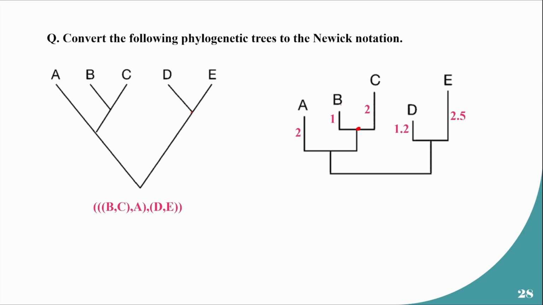From this origin point, we have two nodes, B and C. Earlier in UPGMA we saw that the same distance was considered, but here different distances are given. To convert to numeric notation when distances are given, it is the same thing: you just put a colon and then the distance value. You just incorporate the distance values in the notation.